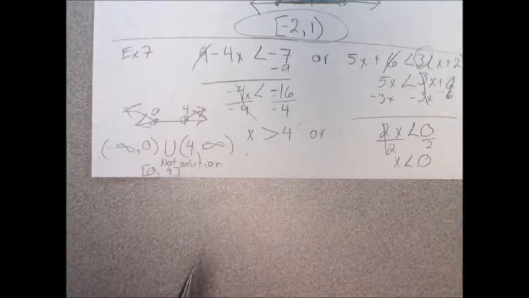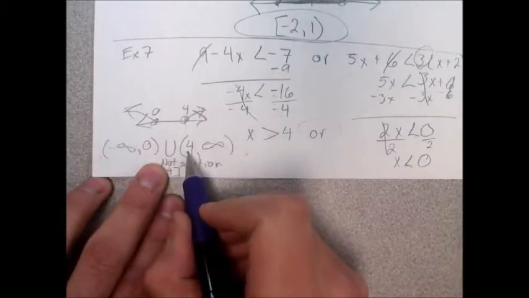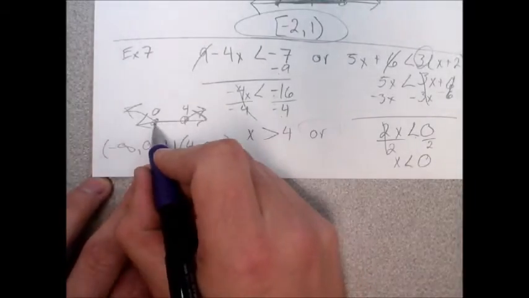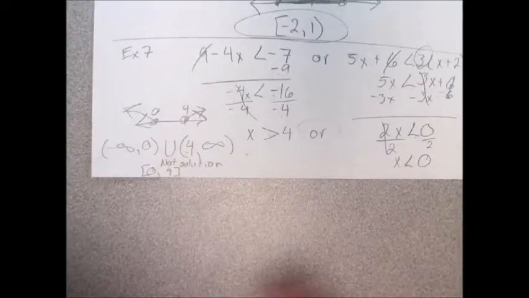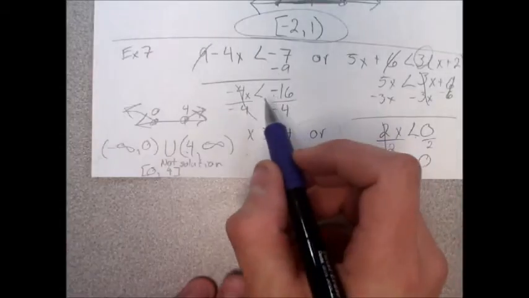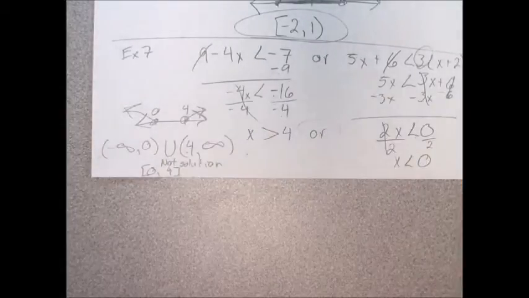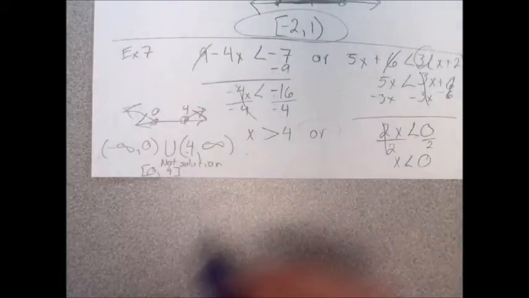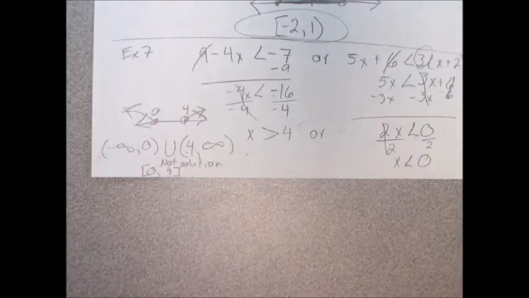Say that again. No, it'll be brackets because this does not include 4. Therefore, everything from 4 down to 0 is not a solution. See? So if everything above 4 is a solution, then 4 is not a solution, because it says it must be greater than 4, not or equal to.